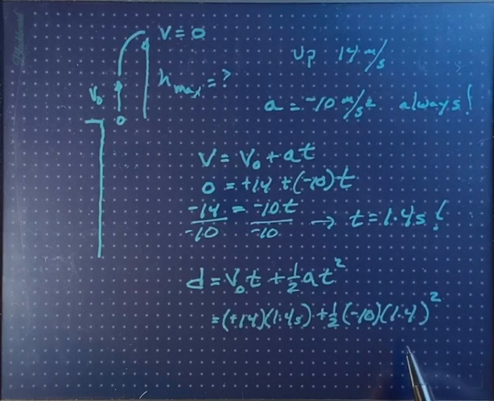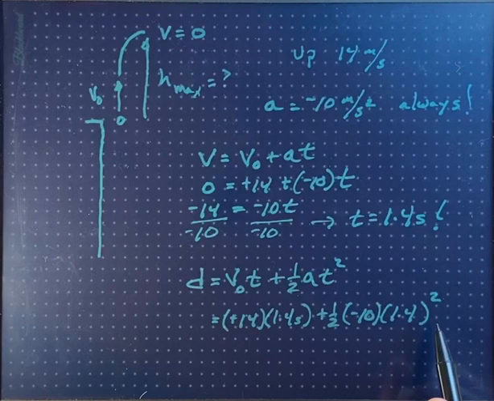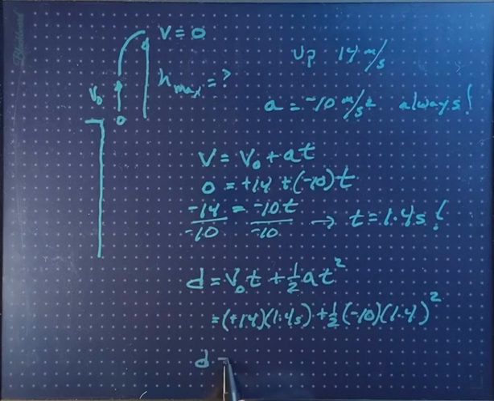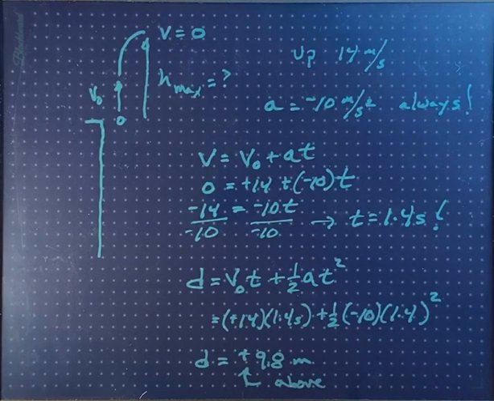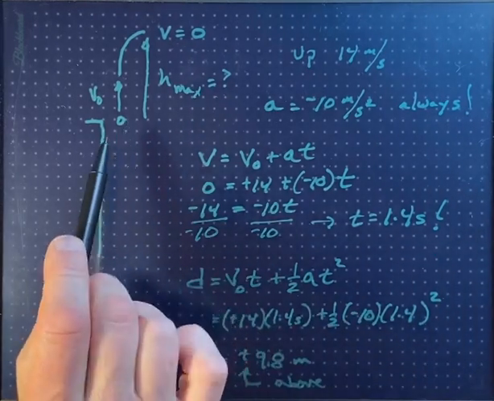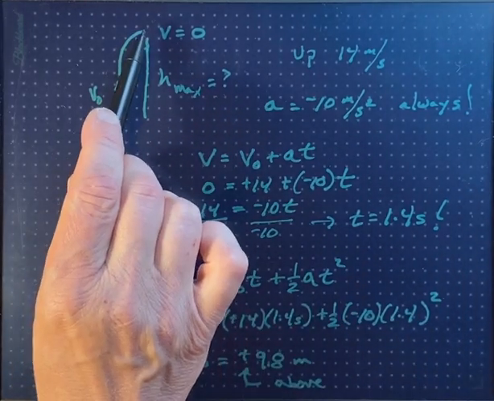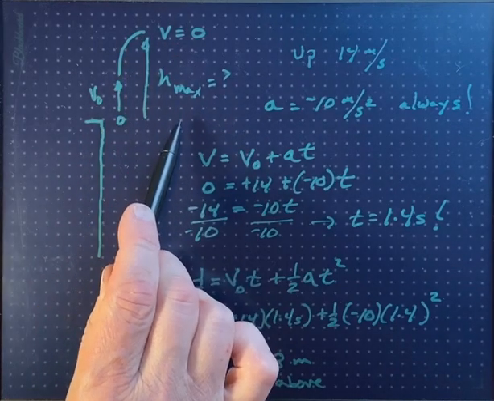Be aware that the 1.4 has to be squared, and then you multiply by minus 10. But if you do these things carefully, you find that the distance is plus 9.8 meters. So what does that mean? The up means above the starting point. So we have figured that the ball will rise up 9.8 meters, and then it will start coming back down.